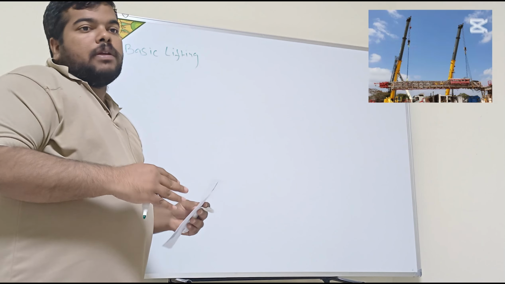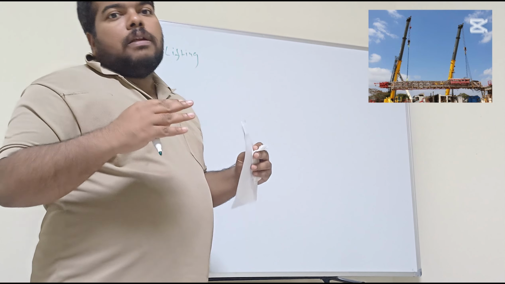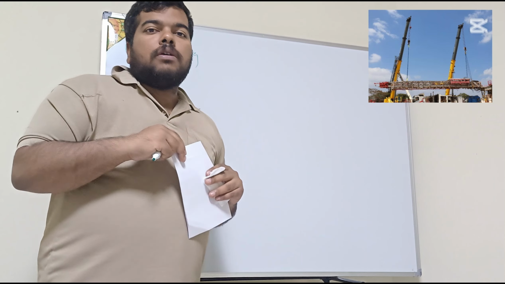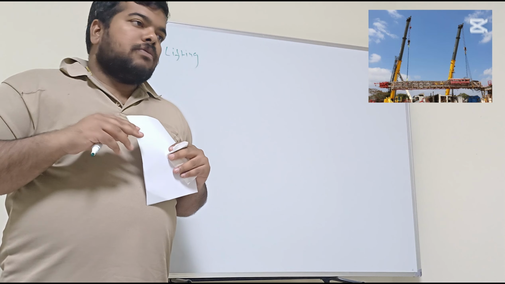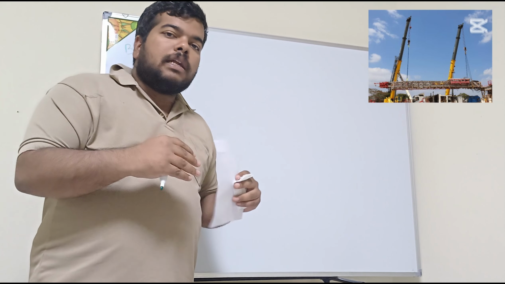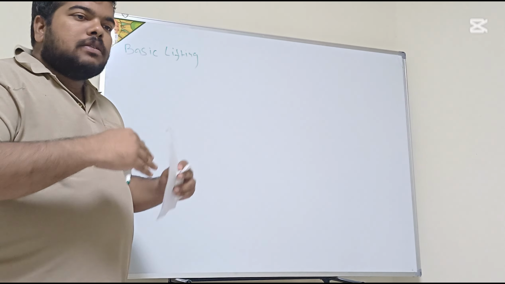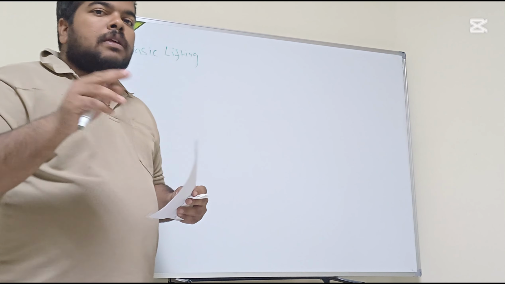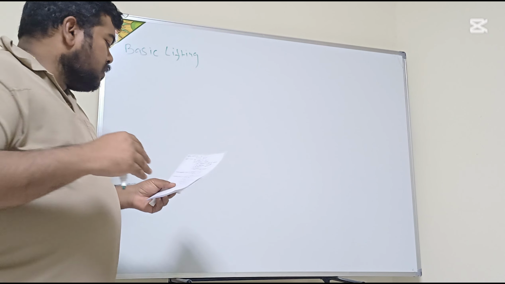What is tandem lifting? Tandem lifting means lifting of a load using two cranes simultaneously. This is very complex, so a lot of things have to be planned in advance for tandem lifting. I will explain this lifting in detail in my upcoming videos, but here tandem lifting comes under the complex lift.